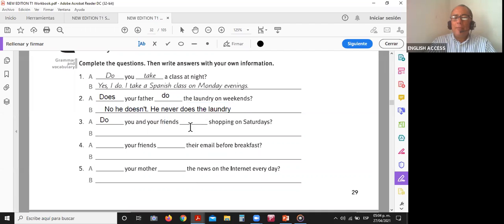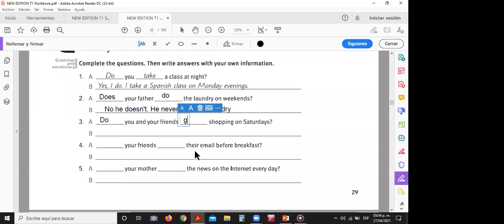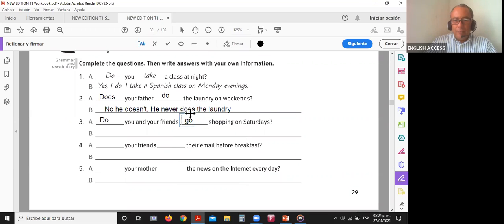Shopping. What is the missing verb here? Do shopping, play shopping, eat shopping, go shopping. What is the correct one? Go shopping. Exactly. Number four, what is the correct one for the question? Do or does?